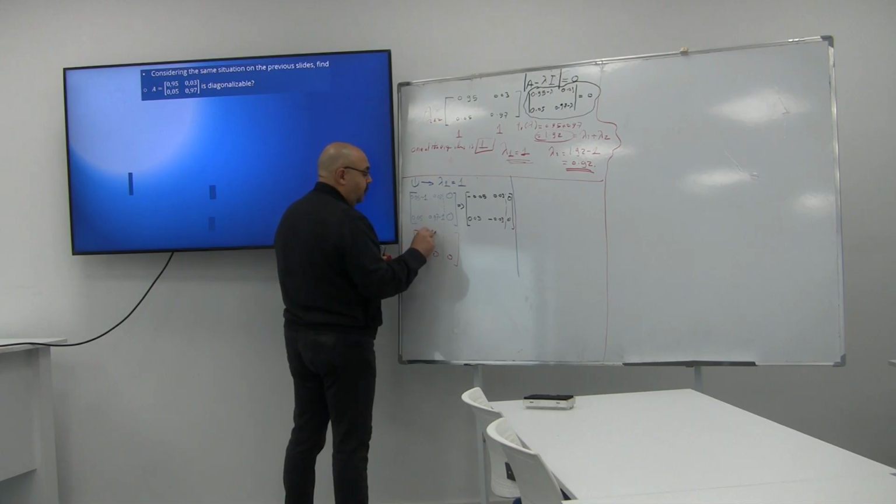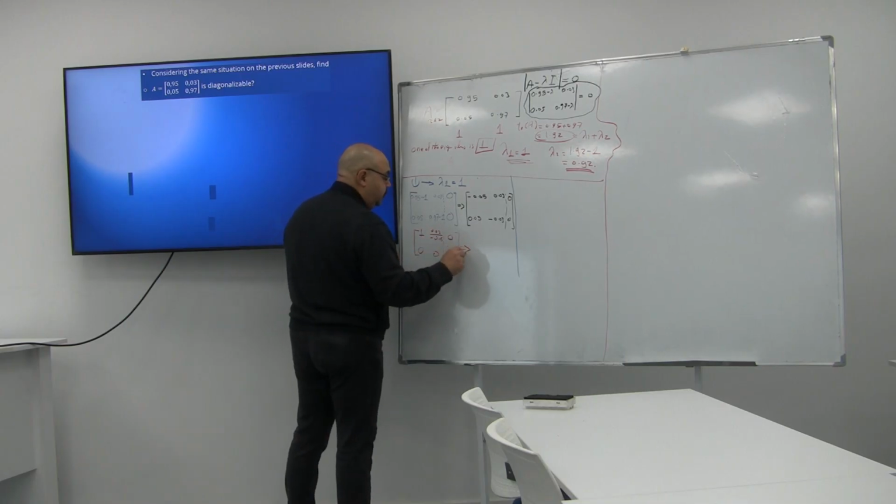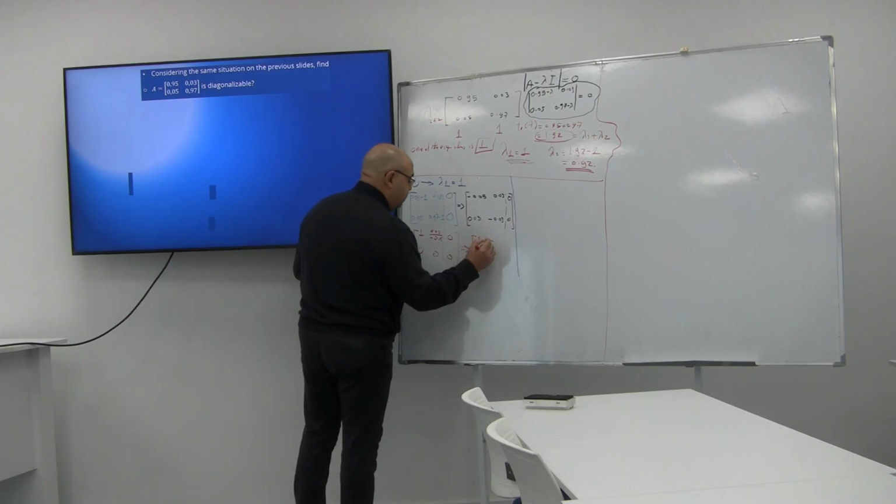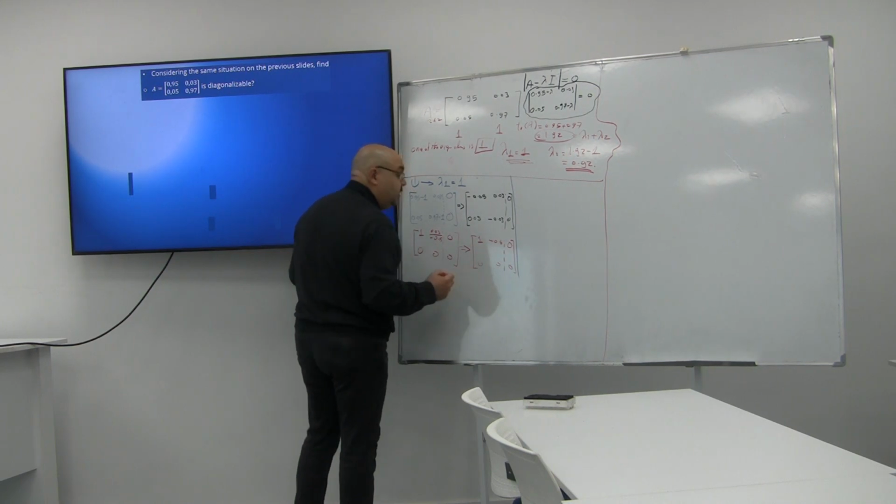Then I will have 0.03 over minus 0.05, which leads to 1 minus 3 over 5, which is minus 0.6, if I'm not wrong. 0, 0, and 0. Yes?